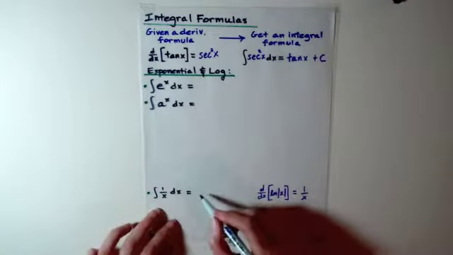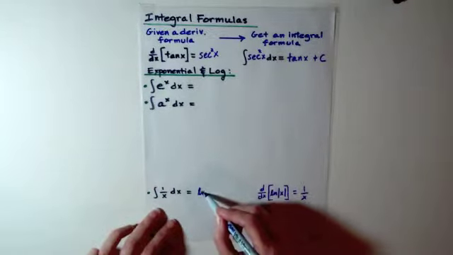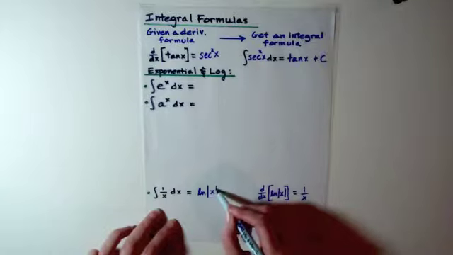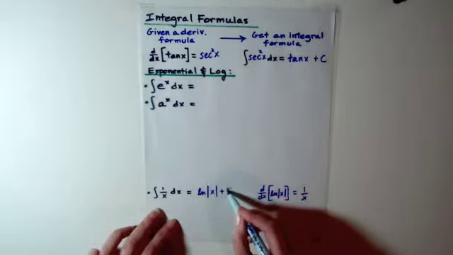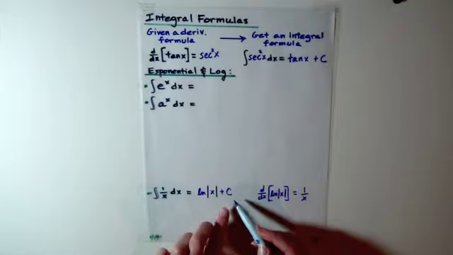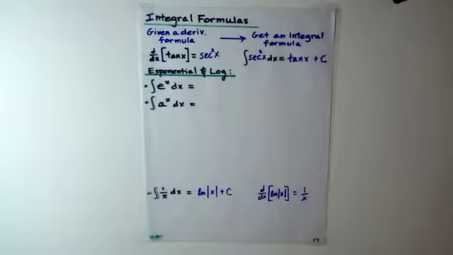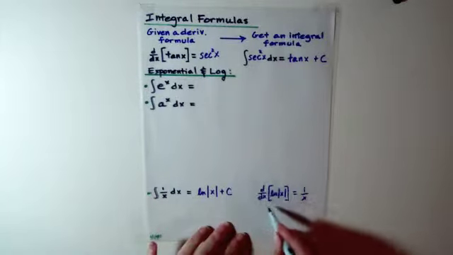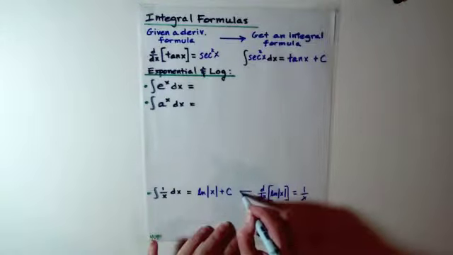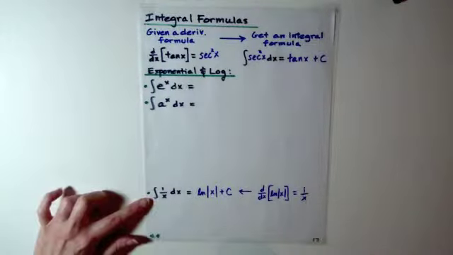So the answer is the natural log of absolute value of x. Of course, I could add on any constant, because if I were to differentiate that constant, it would just give me 0. So this derivative formula gives us this new integral formula.